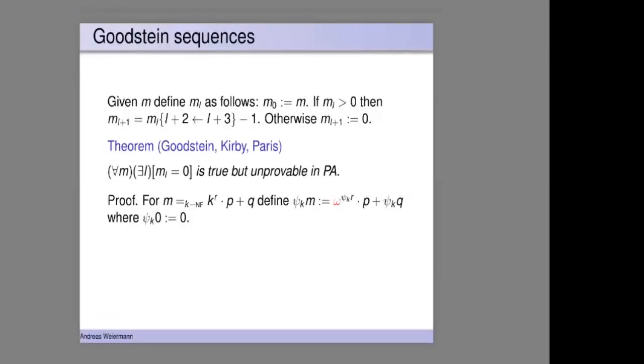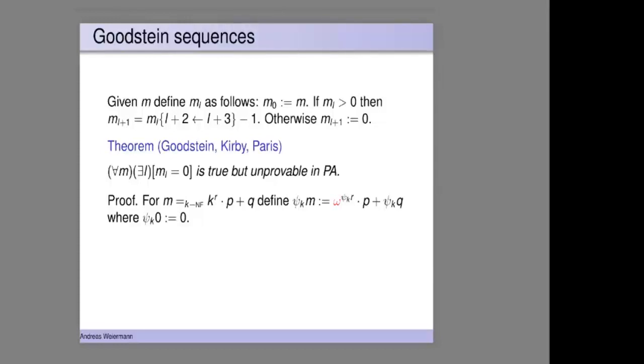Now, how to prove this? The Goodstein proof works as follows, and it's very simple. You take a number m, you write it in k normal form, and then you move the number k to small omega. So you replace a finite number by an infinite number. So pk of m is the result after replacing k in m by omega.